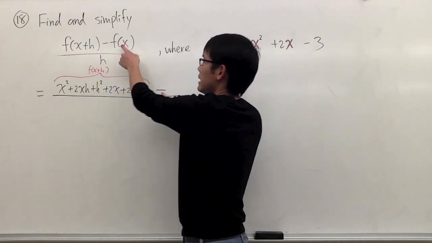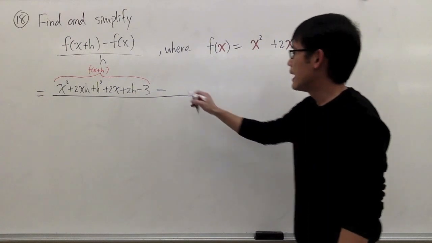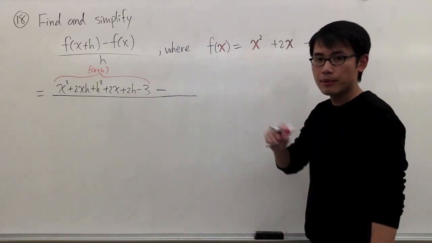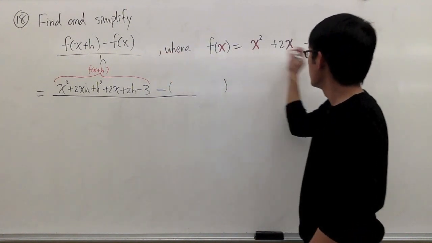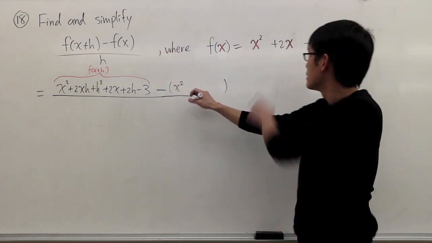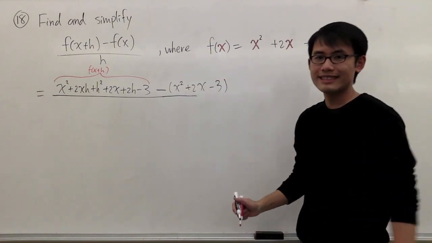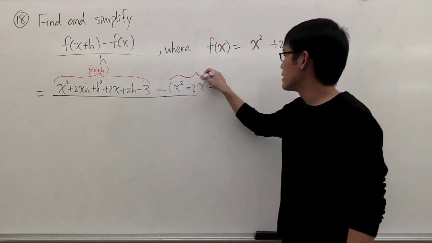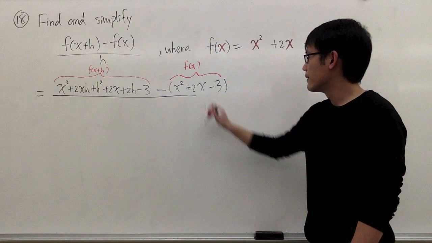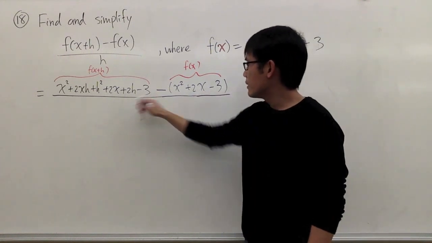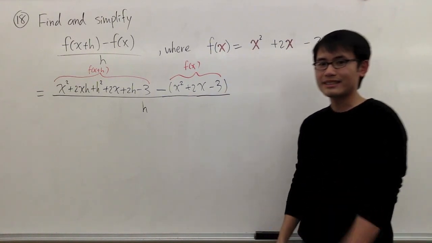I have to subtract f of x, and f of x is just that. Since I'm subtracting the whole thing, I'm going to use parentheses. Putting in parentheses, f of x is equal to x squared plus 2x minus 3. And this right here is f of x. And we have an h in the denominator.